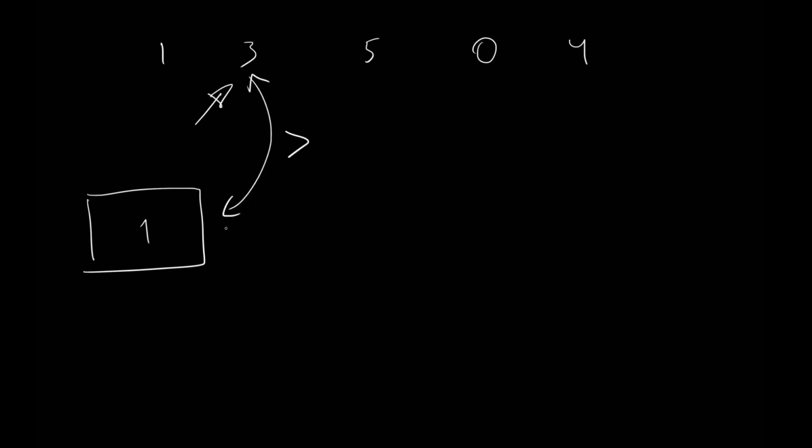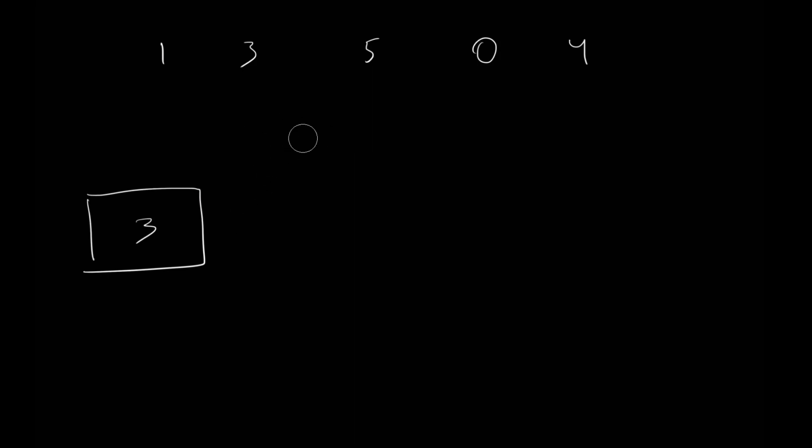Basically, I find the first number and I just store it in some kind of variable. Then I find the second number, and now I need to compare, is this bigger than that? And it is, so I put it there, right?